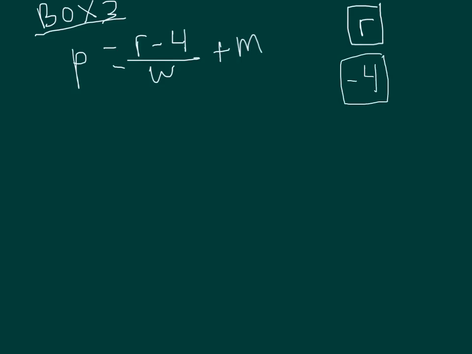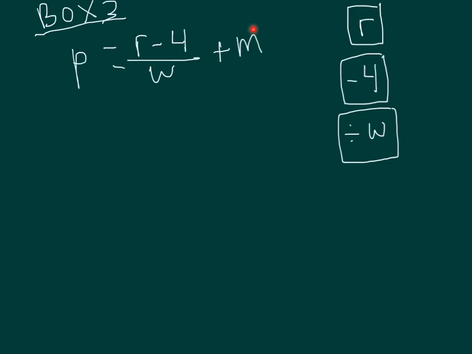Alright, then the next thing they do to r, after they subtract 4, the next closest thing they do is divide by w. And the last thing they do, the next closest thing outside from the r, is adding m.